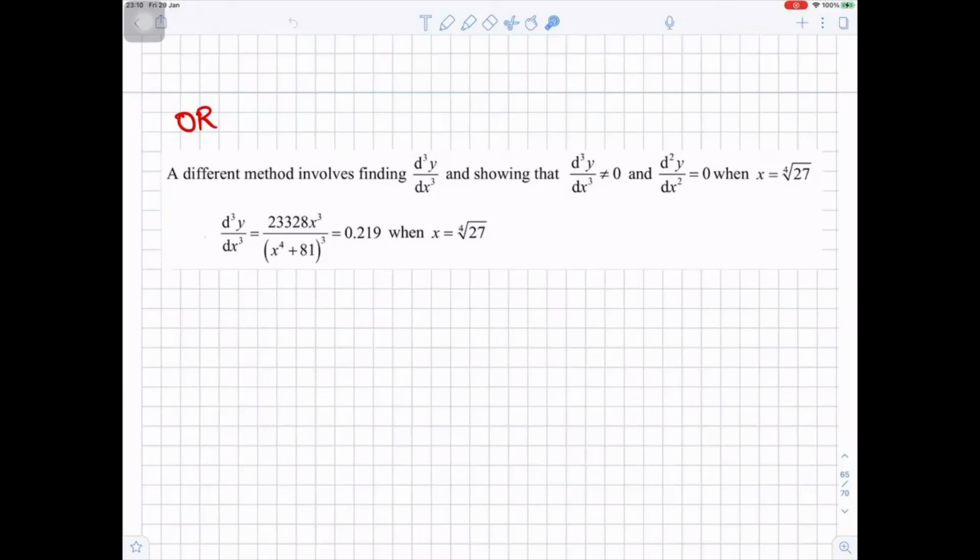So in this case, if you differentiate the third time, d cubed y over dx cubed would be 23328x cubed over (x to the 4 plus 81) all cubed, and it will give you 0.219, which is not equal to 0. That would show that it is a point of inflection. That's another way to do it.